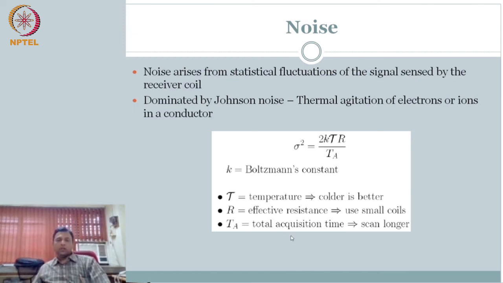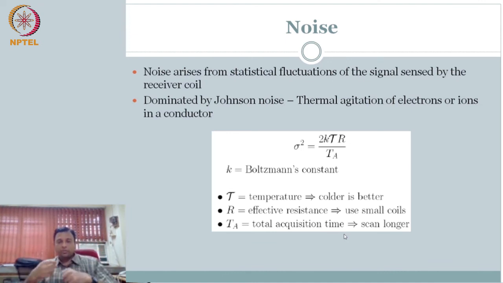Okay, then total acquisition time should be as long as possible. Again, this is a trade-off. If you have gone for MRI scanning, you realize it may be uncomfortable. I don't know if you would have felt uncomfortable or not, but most people find it uncomfortable, right? Especially if you are a patient and you are going there, your breathing causes artifact, and you have to stay there.